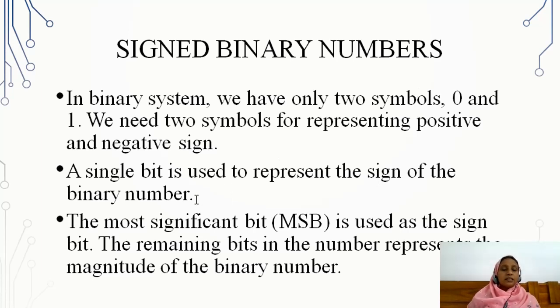Now, a single bit is used to represent the sign of the binary number. The most significant bit is used as the sign bit. That means, as we saw in our previous slide, the leftmost symbol. In this case, it is a bit which is either 0 or 1.